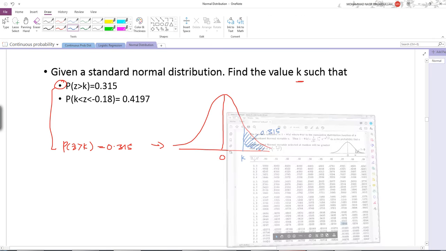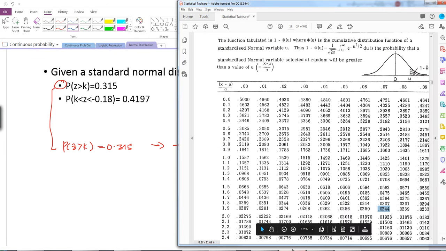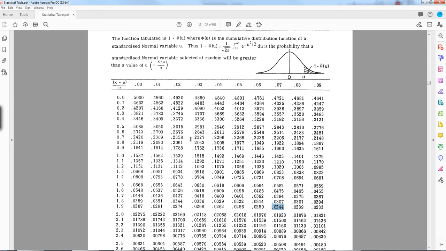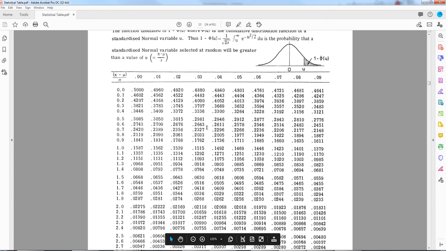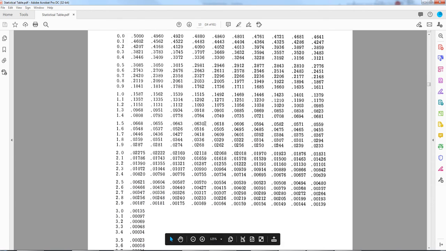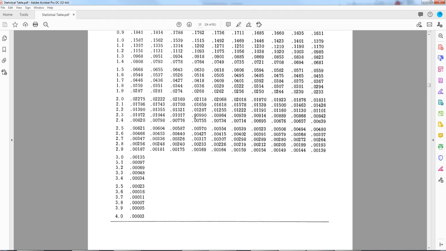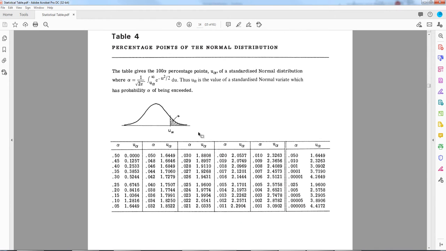There are two methods: either we look inside the table, or we look at table number 4. In table number 4, we can find the area of alpha. Alpha is the area. So our area of interest is 0.315.